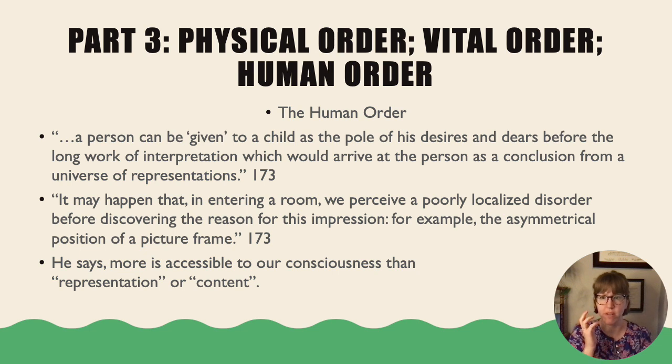We can be aware of that, be conscious of it before we more consciously, the stereotypical use of the word conscious, identify the reason. So he says, more is accessible to our consciousness than just representations or content.